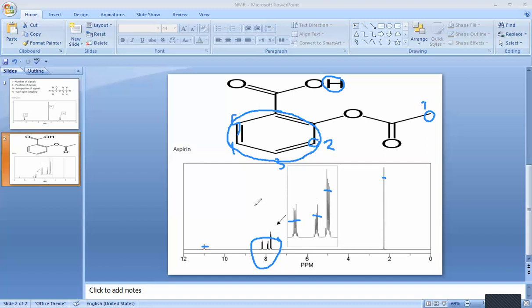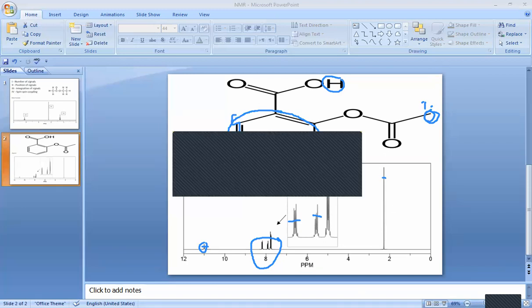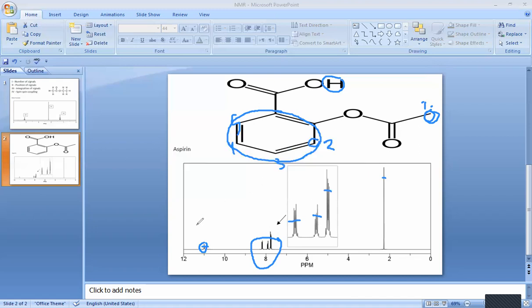And for the last one that we have here, it's between 10 and 12, around 11. This tells you about this hydrogen, which is bonded to an ester. This one is the most deshielded one, so this is further downfield.